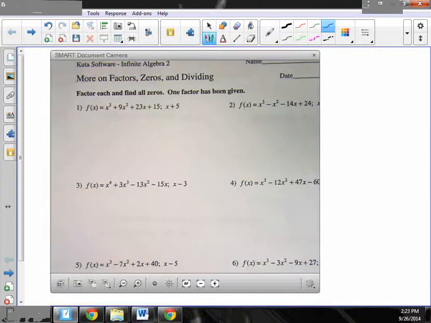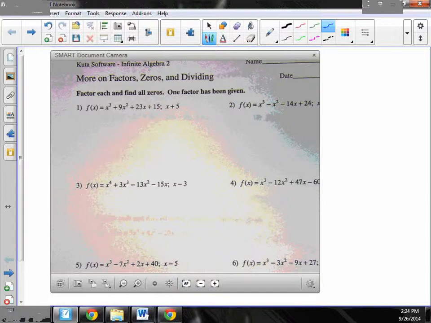I already know 2 of them. One of them is 3, and the other one is 0. How do I know it has a 0 root? There's no constant, right? I can factor out an x. In number 3.